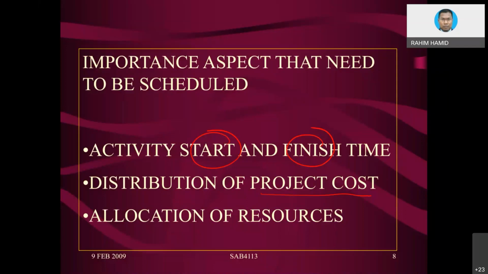Actually, everything can be predetermined once you have your scheduling in place. That's how we are going to relate it later on. Allocation of resources, I already mentioned in the previous slide.